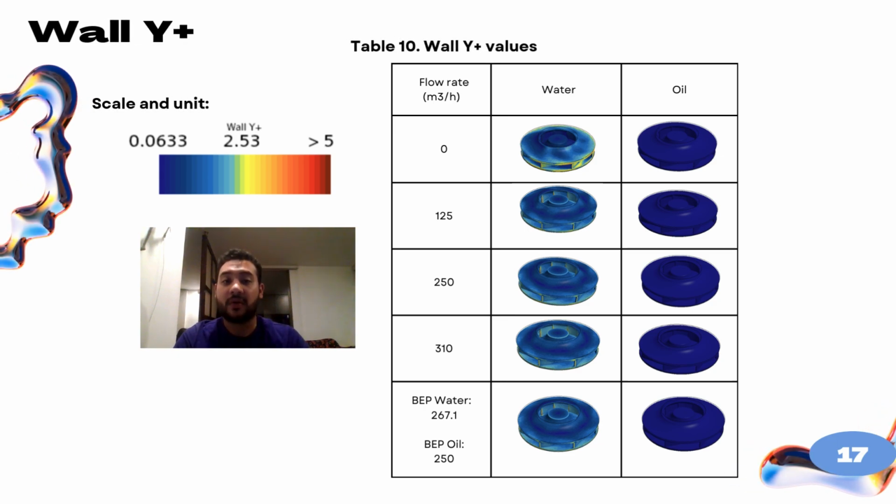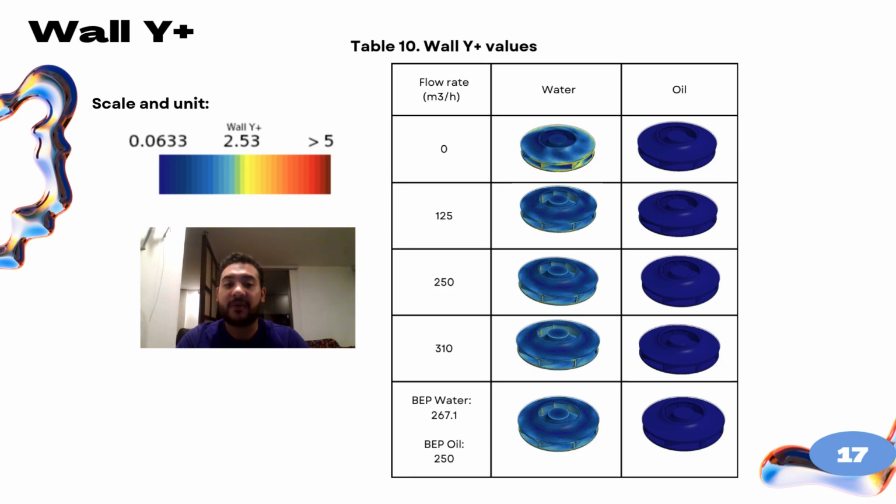As seen, the wall Y plus for oil remains nearly constant across all flow rates and predominantly blue, indicating low magnitude and minimal variation. This is due to oil's high viscosity, which reduces wall friction and forms a thicker, more stable boundary layer, limiting turbulent effects. In contrast, water's low viscosity allows higher near-wall velocity and a thinner boundary layer, leading to greater wall Y plus variations.